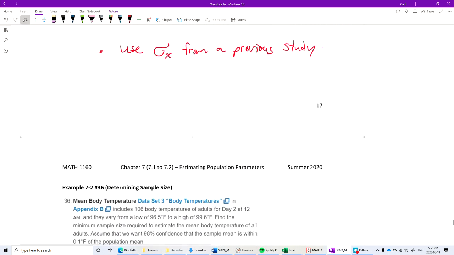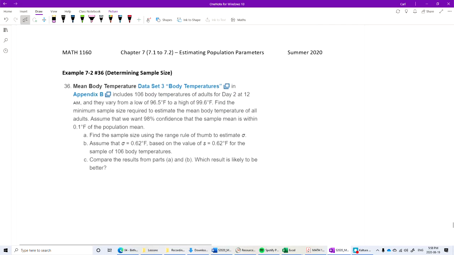Okay, so we're going to do a problem like this, one more, and we're going to analyze the mean body temperature data set, which is one of the data sets given on the Blackboard.